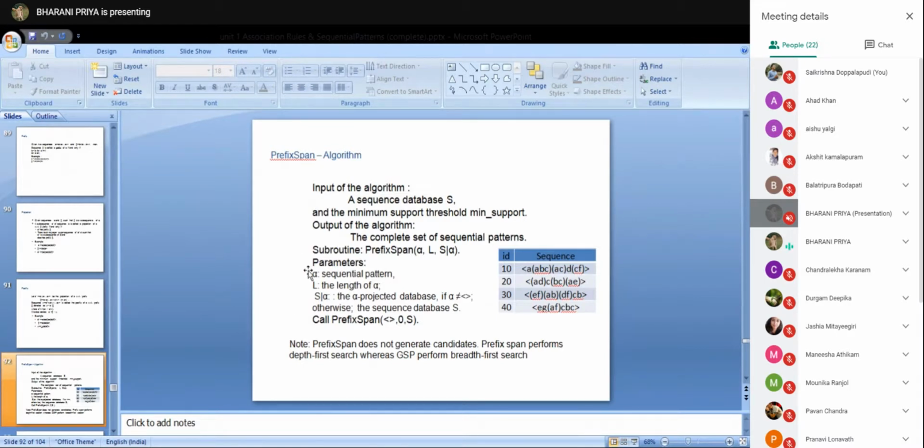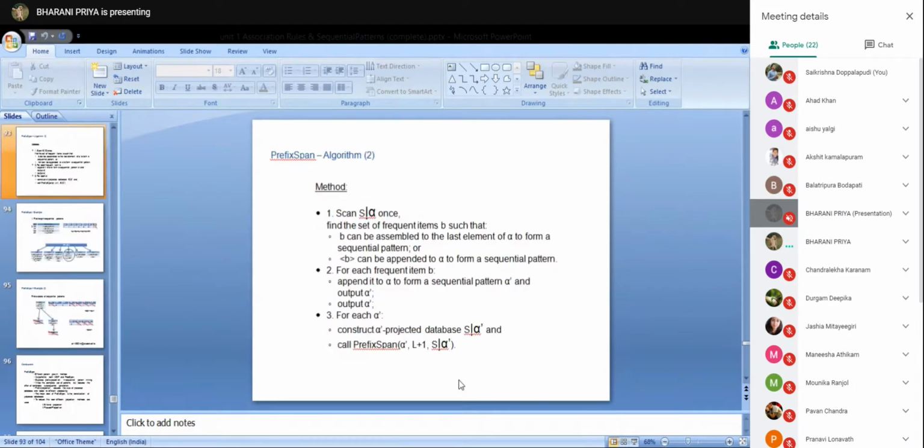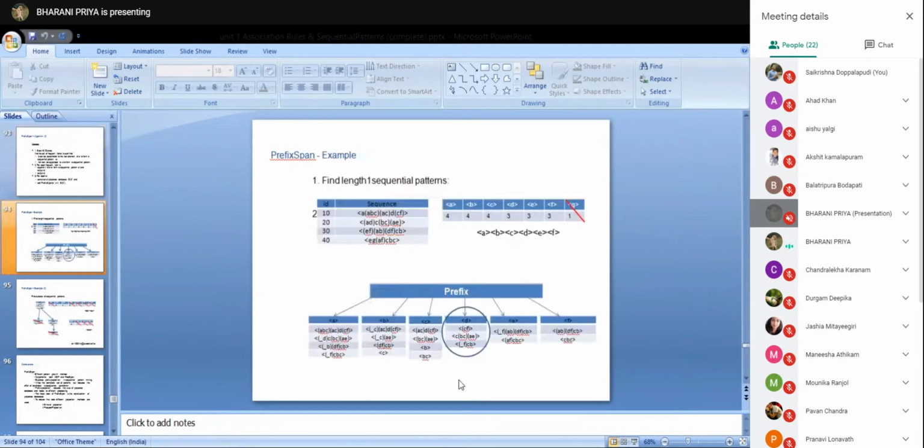In the PrefixSpan algorithm, you input the entire database and give the minimum support, and the complete set of sequence patterns with that prefix will be your frequent items. The same thing is repeated.